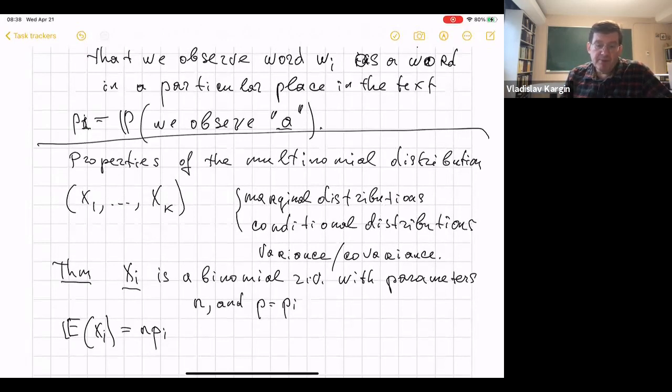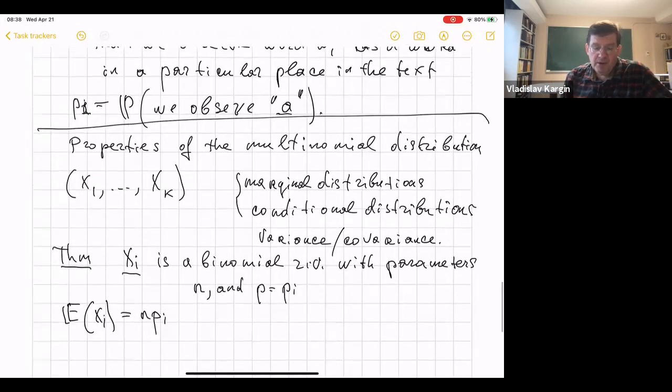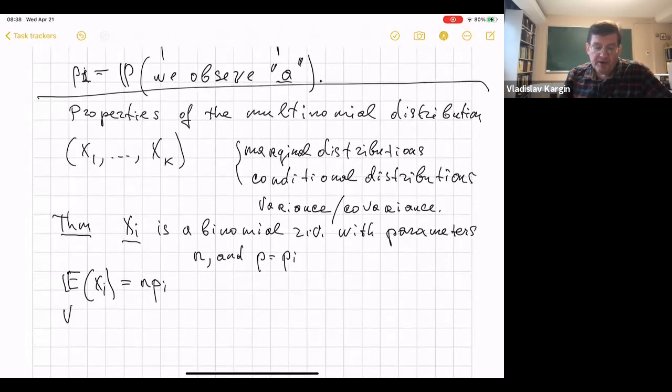It's n multiplied by this probability p1. Now what about the variance? By our previous result, this is equal to n pi (1 minus pi).